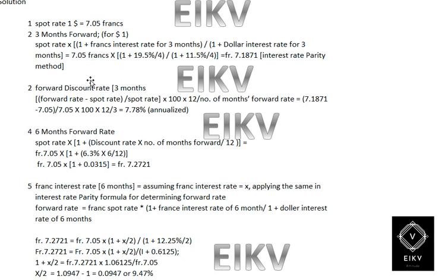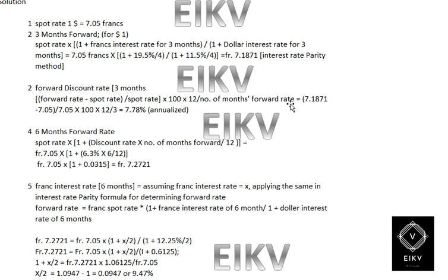Okay, now the next one would be the forward discount rate for 3 months. So the forward discount rate for 3 months is nothing but forward rate minus spot rate, which we have computed, divided by spot rate into 100, considering months.